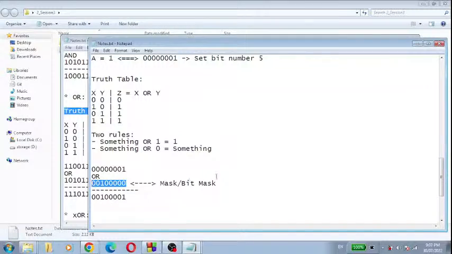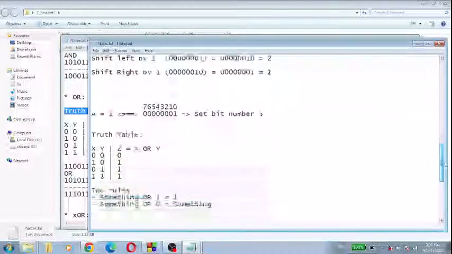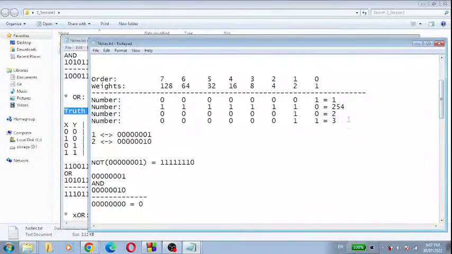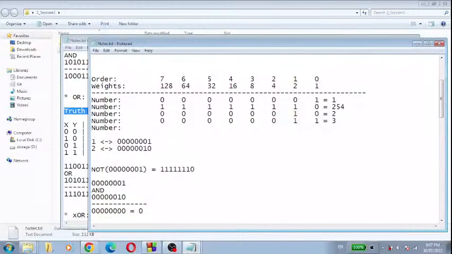I'm going to investigate this. So I'm going to my table here and work on this. I have 0, 0, 1, 0, 0, 0, 0, 0.